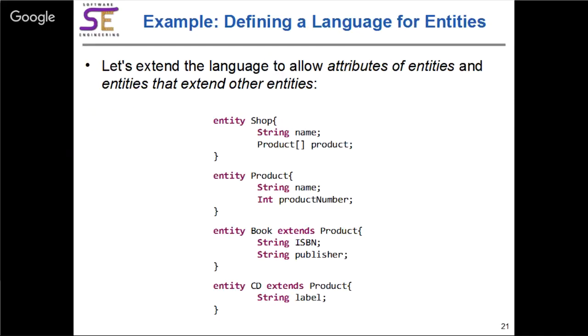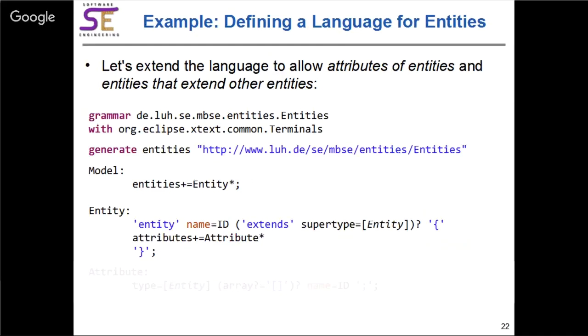So how would this be defined in an Xtext grammar? First of all, let's look at how we extend the entity entry. The model stays the same. There is nothing besides entities in the model yet. But entities are something more than just a name.